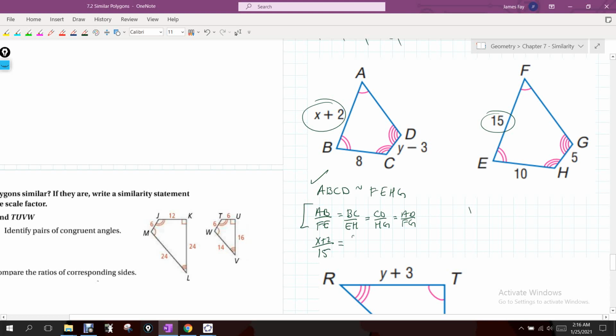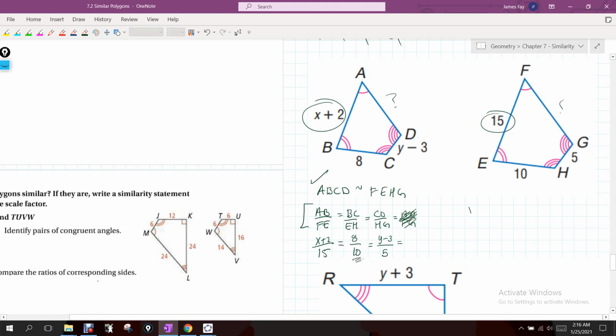So BC then is 8, EH is 10, CD is Y minus 3, HG is 5, and then AD, we don't put anything there, so we don't know that one.